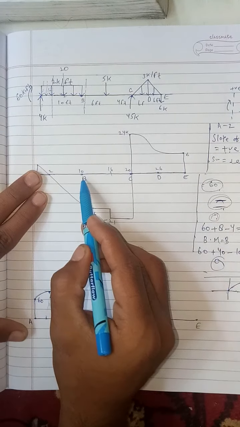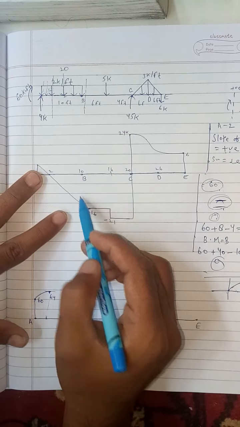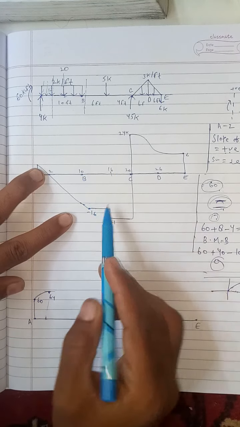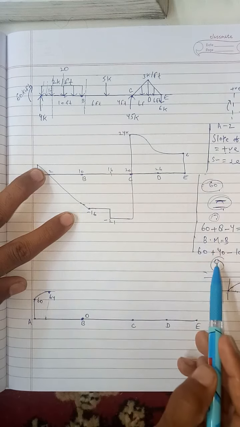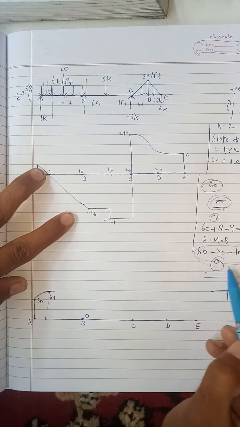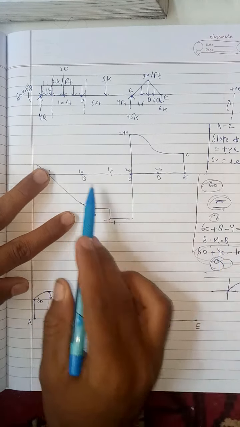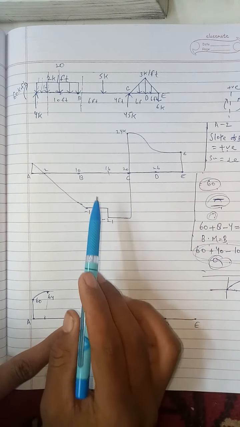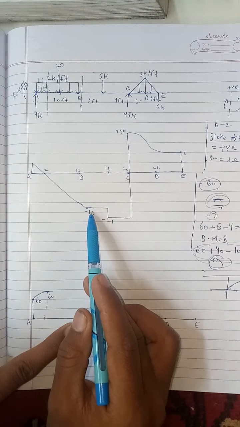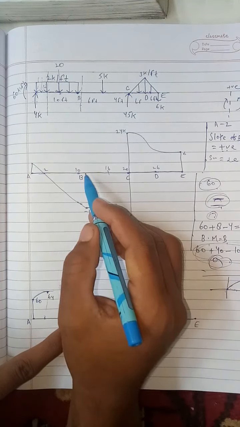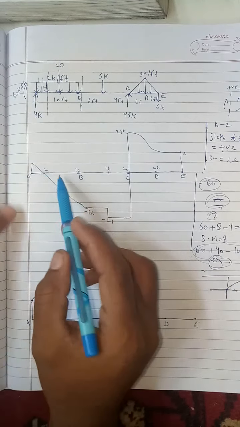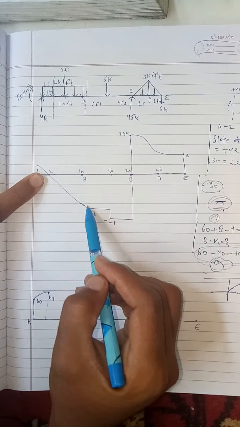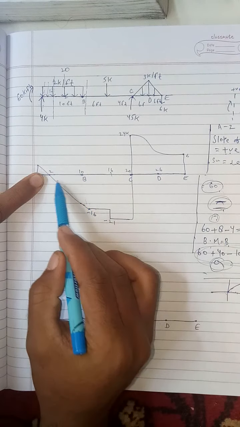Now we will find the bending moment at point B. The bending moment at point B, we already found this. This is 0. So I wrote here 0. Now we know the value, we have to determine the slope of the bending moment diagram. Now if we analyze from this point Z to point B, the shear force diagram is negative.